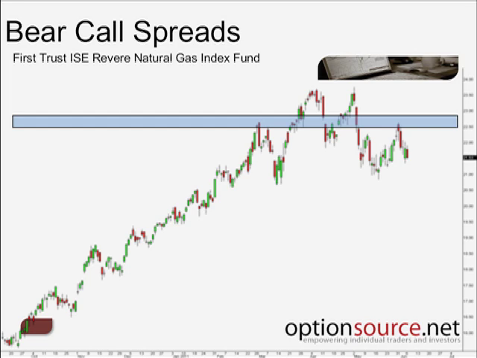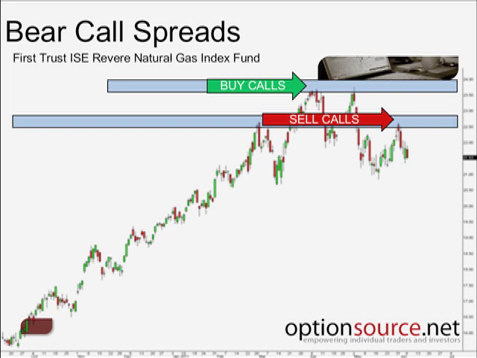Now, alternatively, and I was just going to point it out, if you're a smaller investor and you A, don't get approved for doing naked calls and puts, and B, you don't have the risk management mechanisms in place to do so, one could consider doing bear call credit spreads, using the same technical analysis approaches that we talked about. In this situation, if you saw that the natural gas index fund was rolling over from these prices, one could sell the calls up here, but then turn around and go to a higher strike price and buy the call options for a much cheaper price.